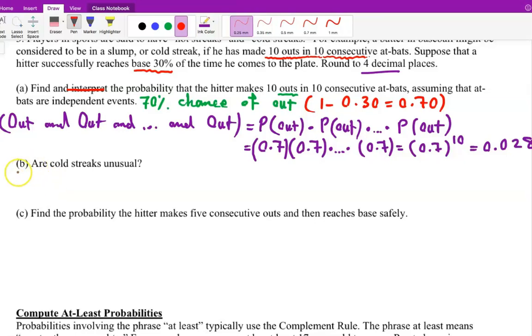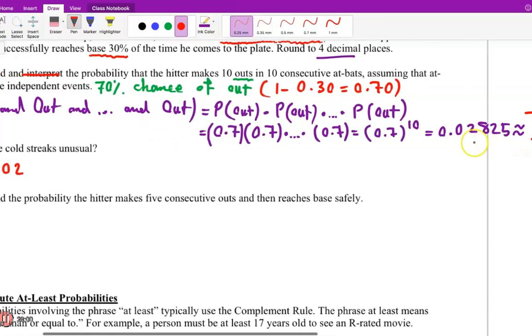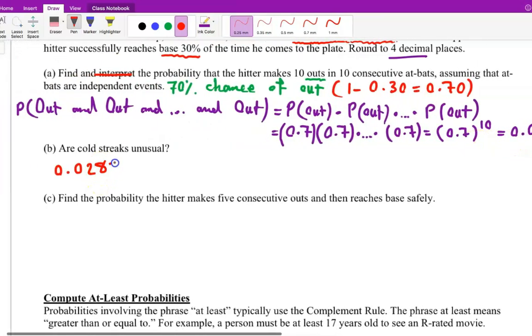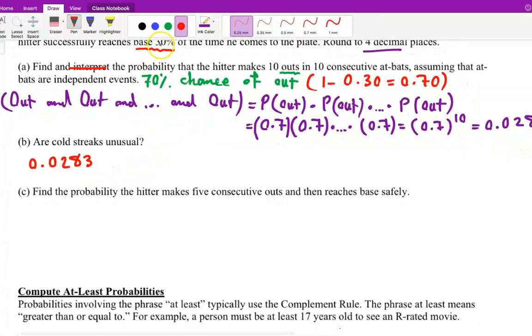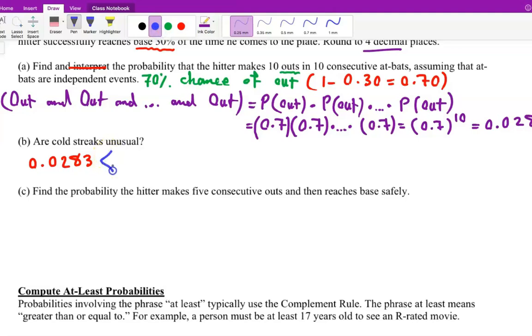So based on what we got in part A, we have 0.0283, and we want to see if this is less than 5%. Yes, this is obviously less than 5%. And the answer for this part is yes, unusual.